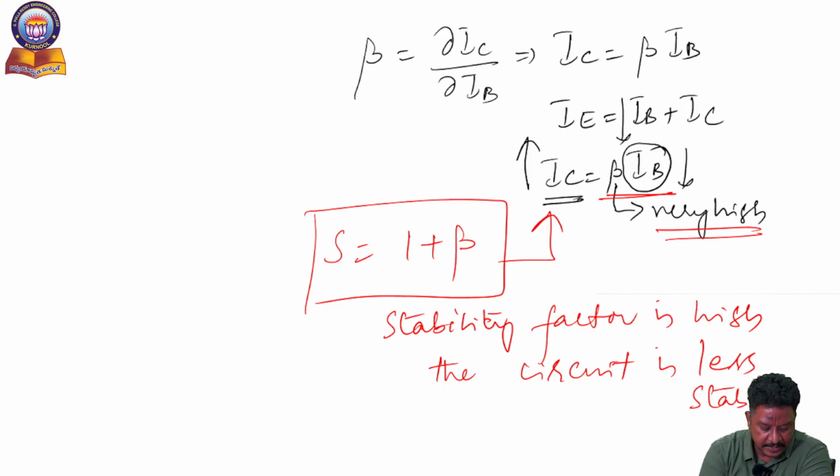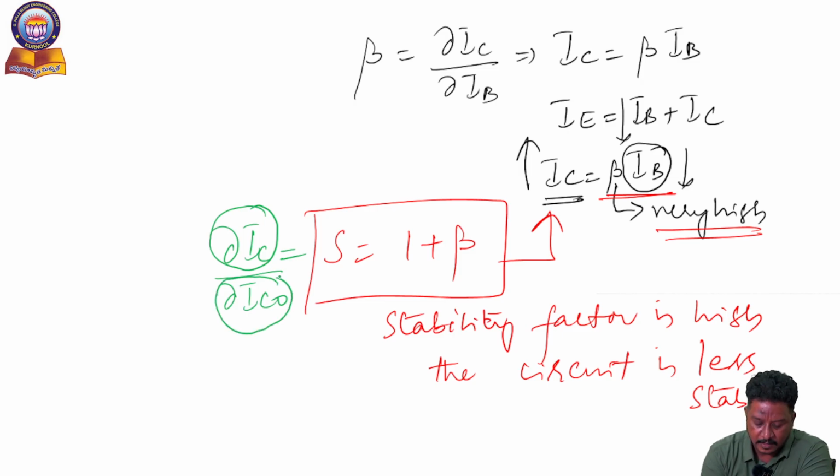So what do you understand from this? If the stability factor is very high, what does it mean? Indirectly, it is the change of collector current with respect to the change of reverse saturation current. When the numerator value increases, it means the collector current is highly dependent on the change, of course, because of the reverse saturation current.